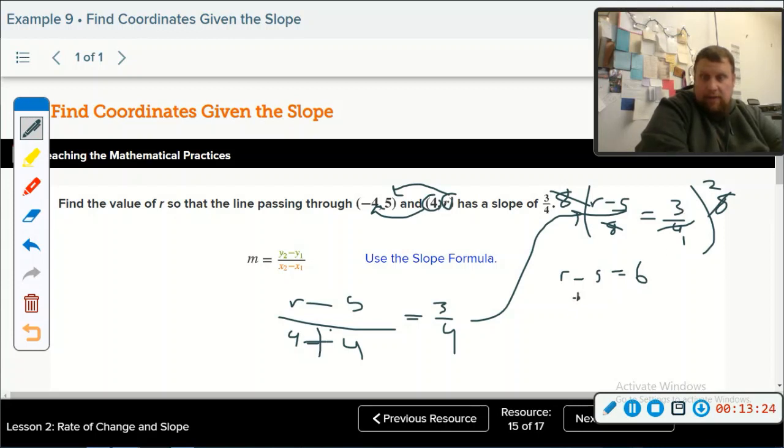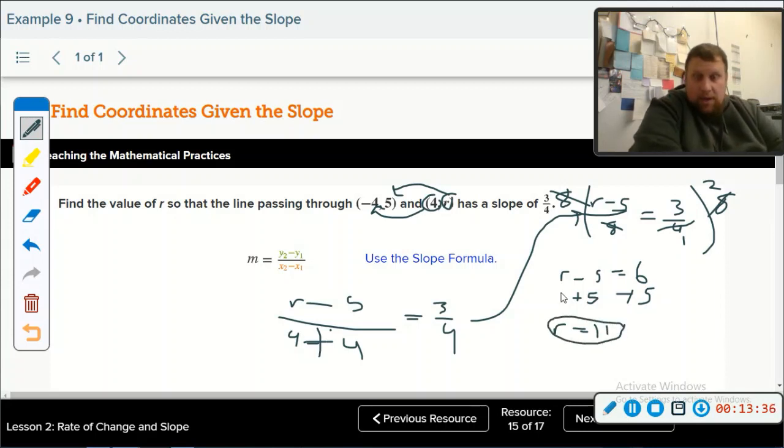Okay, let's add 5 to both sides. And I get that my r equals 11. So, given the point -4, 5 and a slope of 3/4, I will have a point on the line for 11. Okay? All right. Let's go on to the next one.